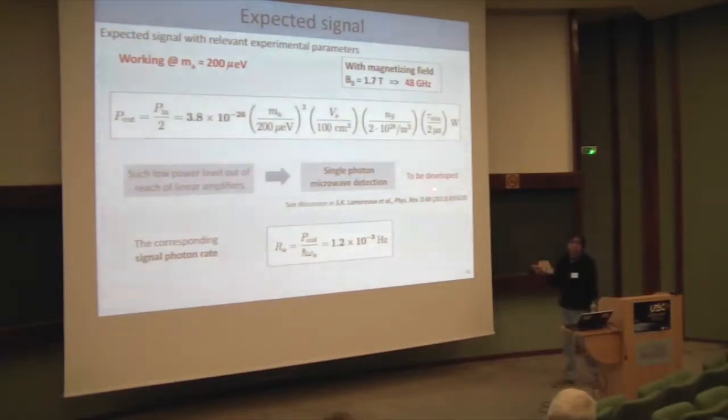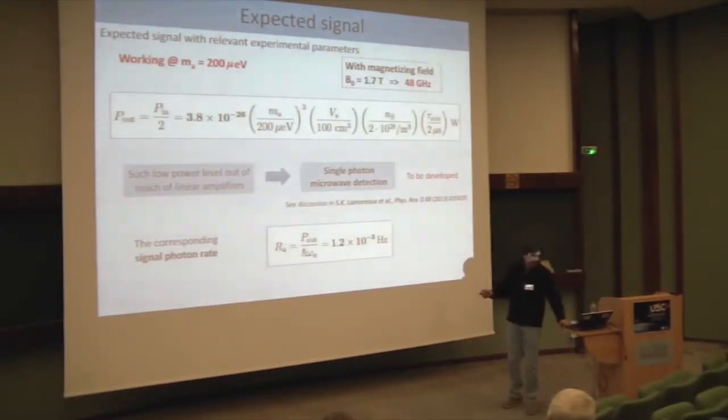This is not available yet, but there are many people working on it, and we are collaborating with them. We hope that this will be available within 1 or 2 years, perhaps. This will mean that you have a signal photon rate which is of the order of a few per second. Of course, that depends on the background of this detection.